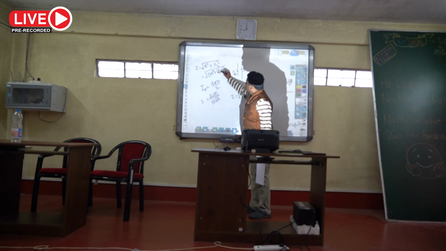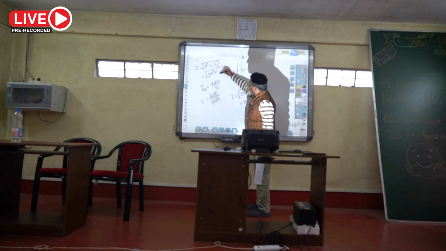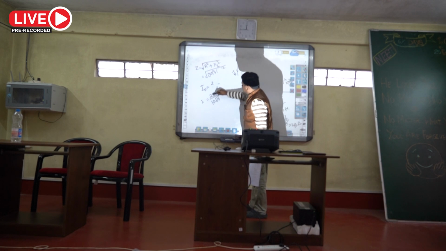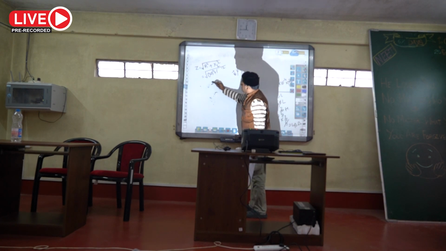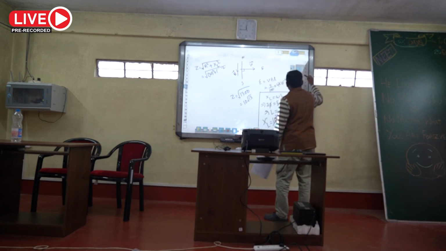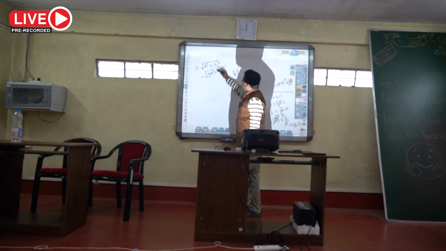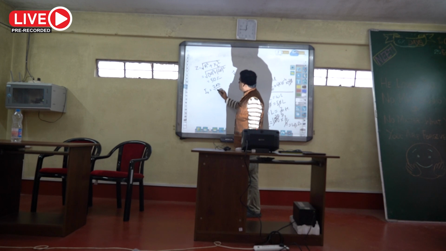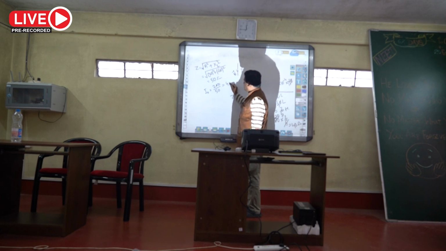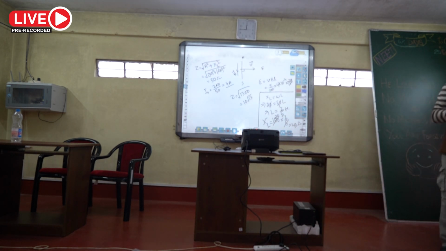Then impedance, with 30 square plus 40 square, will be 50 ohm. Then I naught equal to 200 by 50, that is 4 ampere, correct. Frequency is different, 100 Hertz.